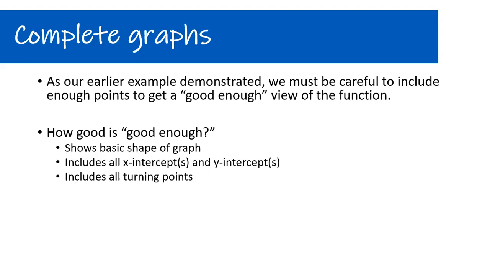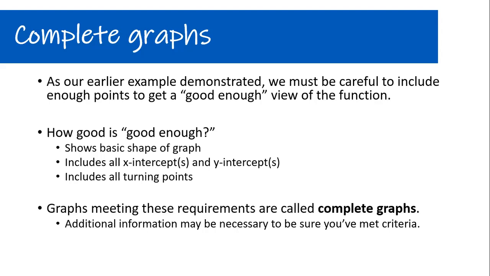And we also want to be sure that we include all turning points, so where that graph goes from going upwards to going downwards. So if we have a roller coaster of a function, we want to make sure that we have all of those ups and downs included. If you meet these requirements, you have something that is called a complete graph. You want to make sure that all of your graphs are complete in this class.